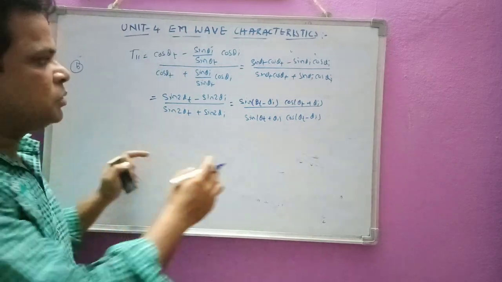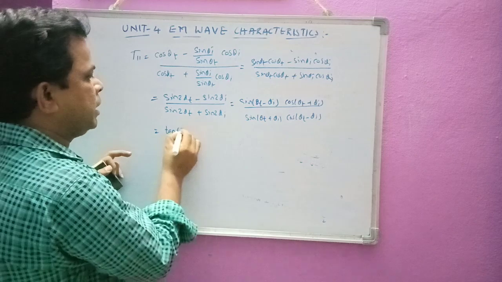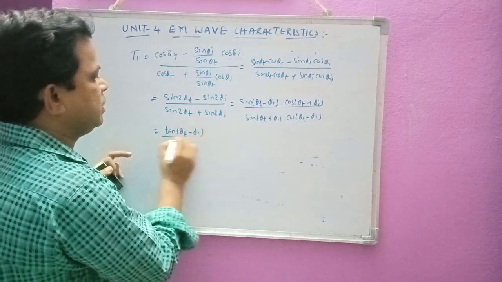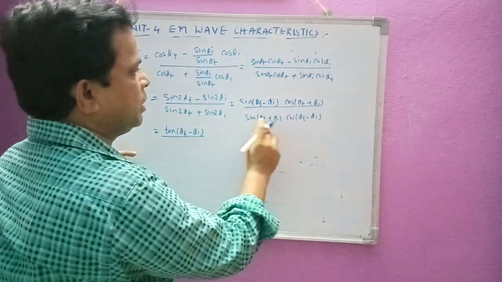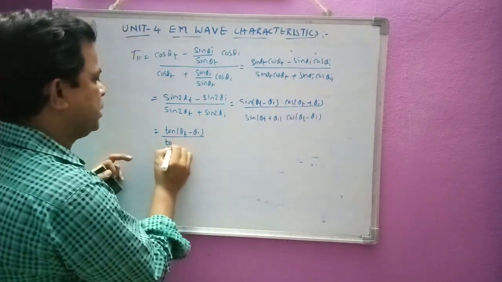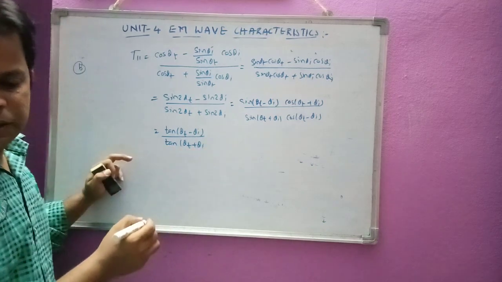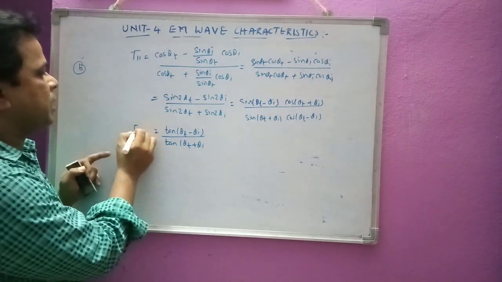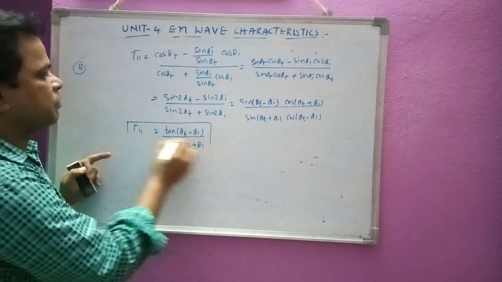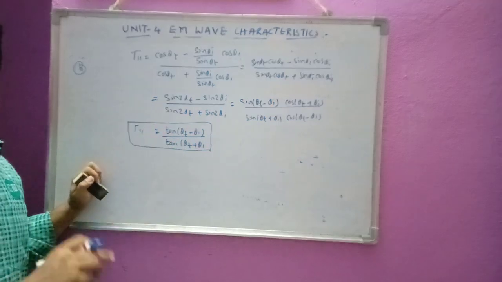Now I am going to use sin by cos as tan, so it will be tan θt minus tan θi, and by taking this to the denominator, it will be equivalent to tan θt plus tan θi. So this is the final formula for gamma parallel. Very important formula. I am going to use this formula and substitute the values of θt and θi.